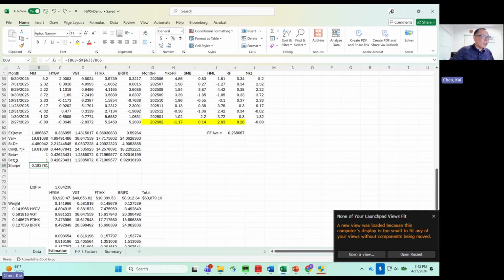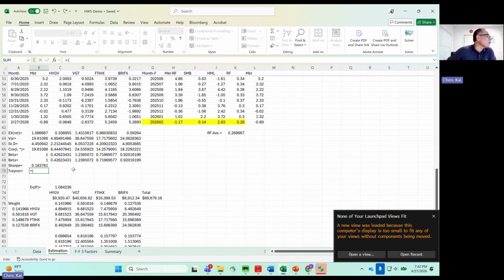I keep going. I calculate the Treynor ratio. According to my rule, I should have an equal sign here. Do you remember the formula to calculate the Treynor ratio?